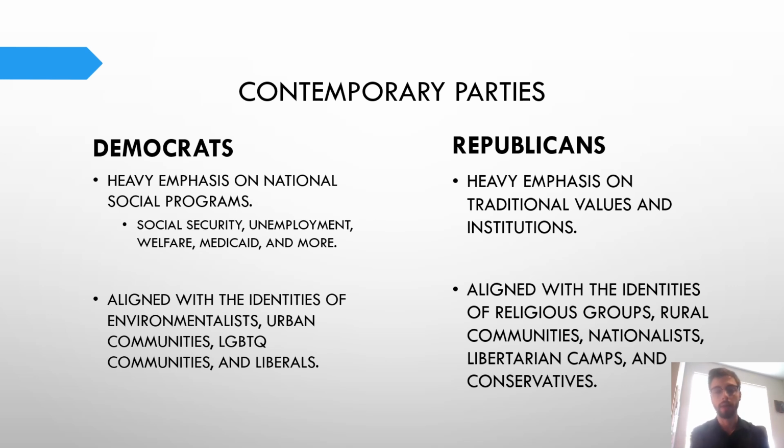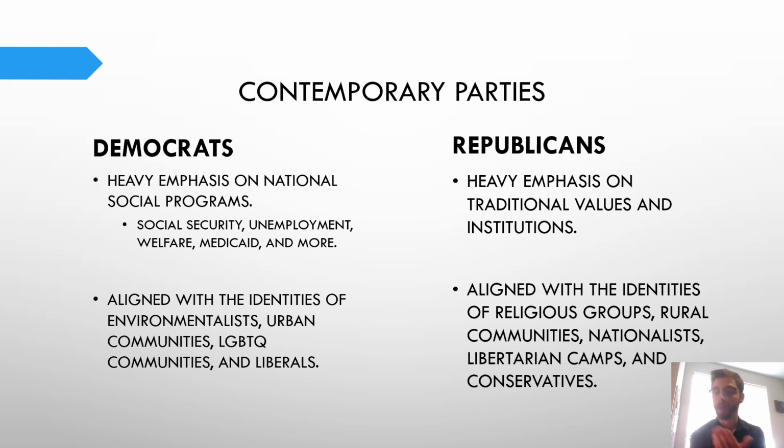There is also a high preference with environmental policies, they tend to be concentrated in urban, which means city communities. We see a lot of LGBTQ communities aligning with the democratic and liberal policies, and that is a generalized way of understanding the democratic candidates. Heavy emphasis on national social programs and national protections for individuals.